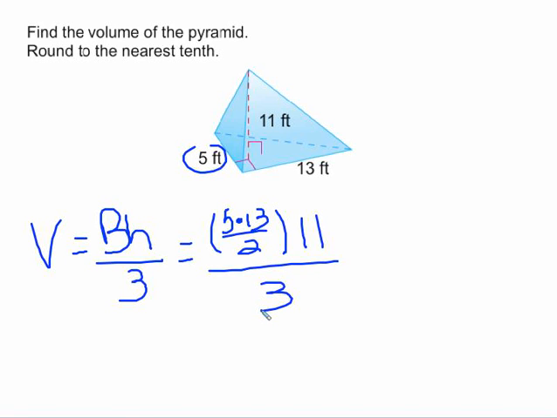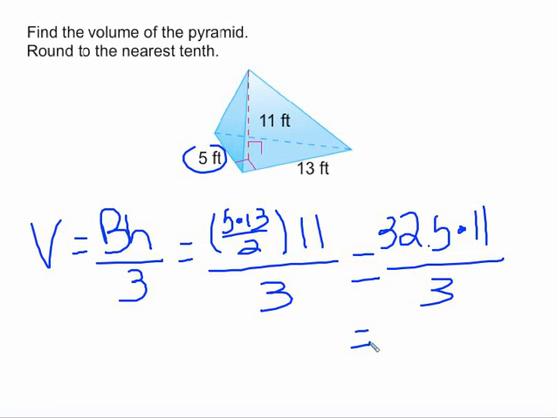So this is a problem where I might take it in a couple of extra steps. Let me first find my base area. Let me first calculate 5 multiplied by 13 divided by 2. That's going to give me 32.5 multiplied by 11, all divided by 3.